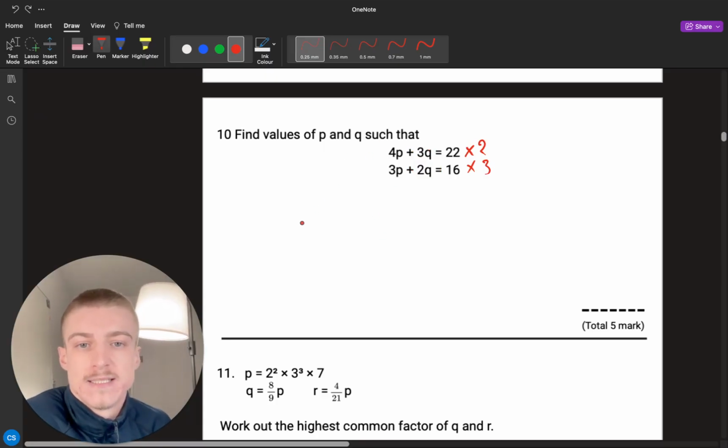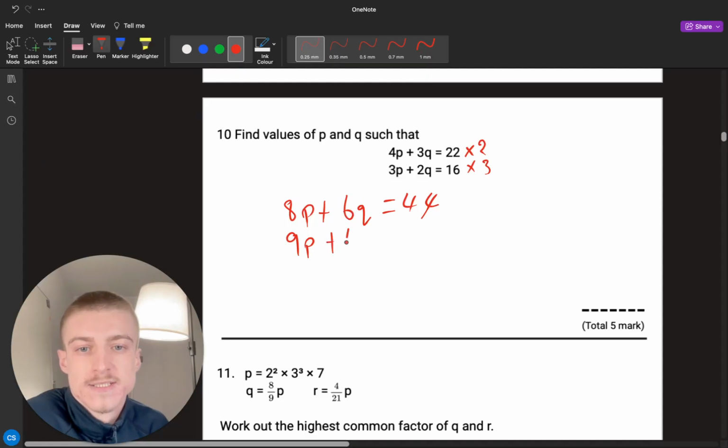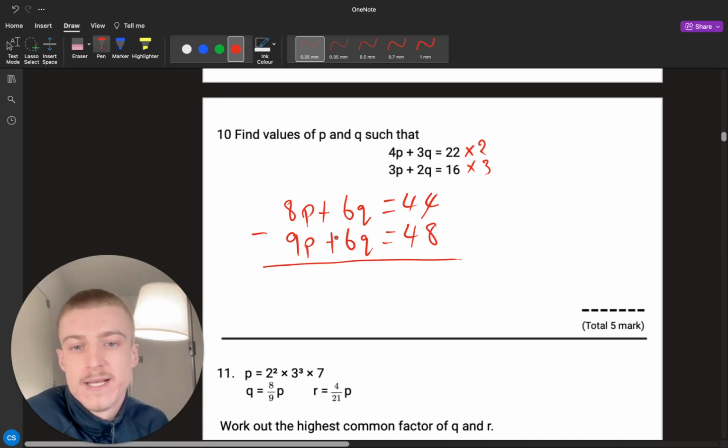So rewriting that, we've got 8P plus 6Q is equal to 44. And then the second one by 3, we've got 9P plus 6Q equals 48. So I am going to do 2 minus 1. You can subtract them in any order.